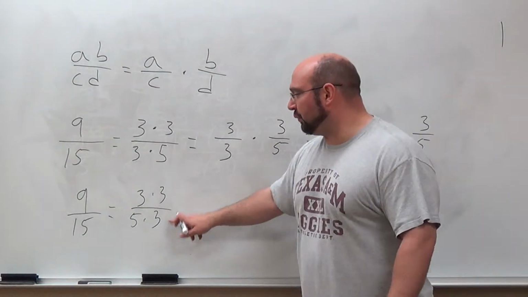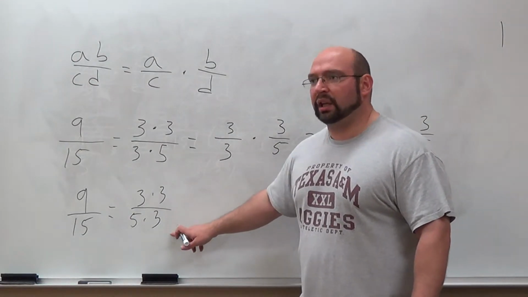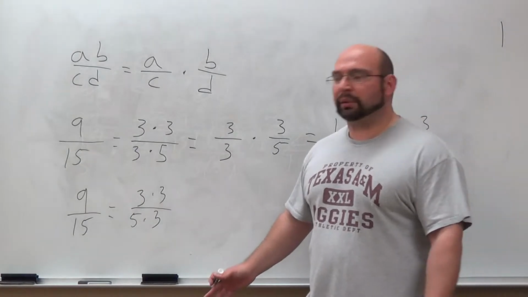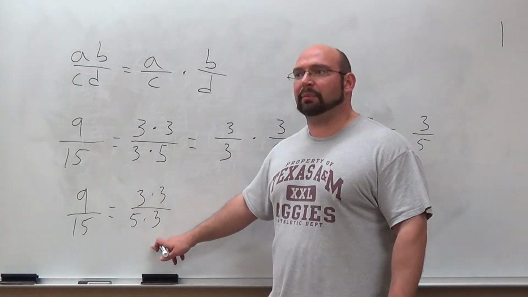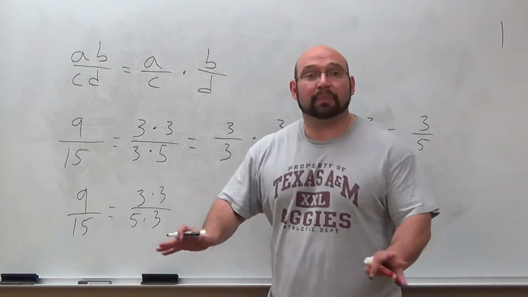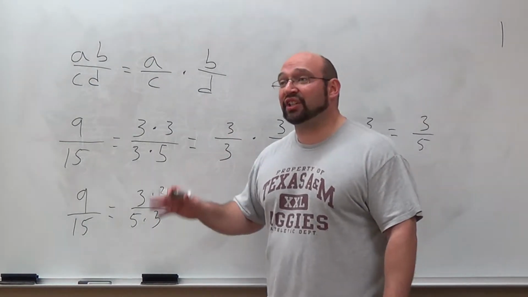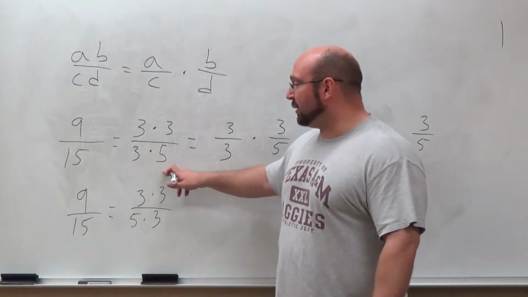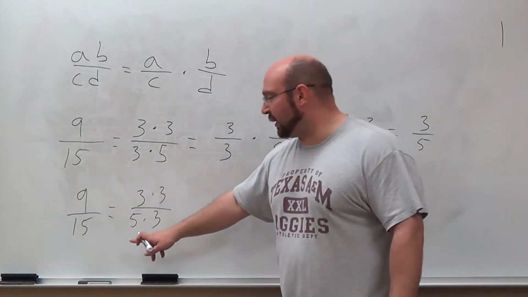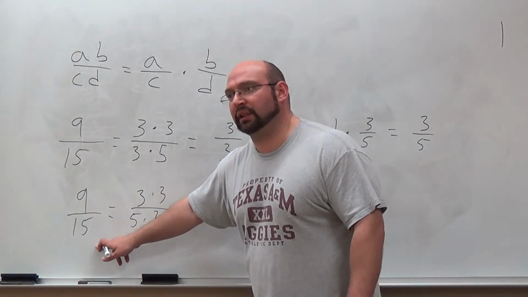Well, this 3 over the 3 is the 1. And you say to me, hold on, Edwards, why is this 3 and 5 and that's 5 and 3? You jacked your problem up. Write them down right. Doesn't matter, because multiplication is commutative, which means that the order doesn't matter. 3 times 5 is 15, just like 5 times 3 is 15.